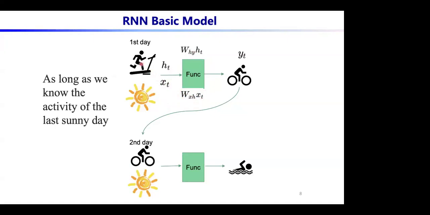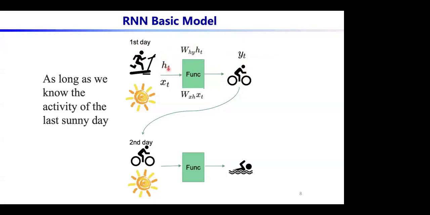So what about the activities? If we want to plan the activity of the next day, let's assume today is the first day, then obviously the next day is the second day. So obviously we need some time-dependent consideration based on the previous day's data, and then it should also have some weight based on the previous day's activity.